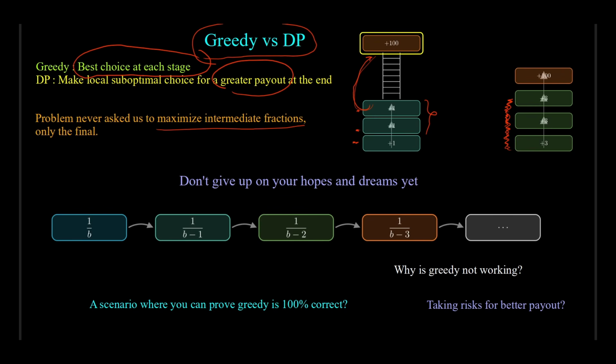So you might think that, okay, this greedy approach is definitely not working, so there must definitely exist a DP solution to this problem, and it might be difficult to come up with, right? But this is not always true. Whenever your greedy approach doesn't work, it doesn't mean that there is a complicated DP approach.